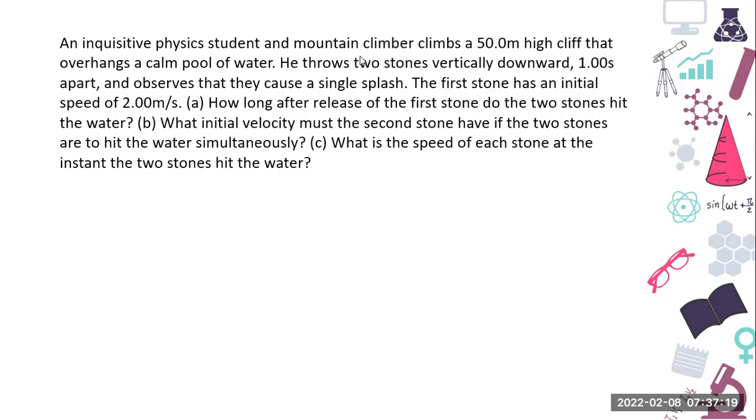So we can always assume a frame of reference. Let's still draw it. So we have a 50-meter height. There are 2 stones being thrown, A and B. The first stone was thrown at time t, and of course this will become t plus 1 because the second stone was thrown a second later, and the initial velocity for A is 2 meters per second.